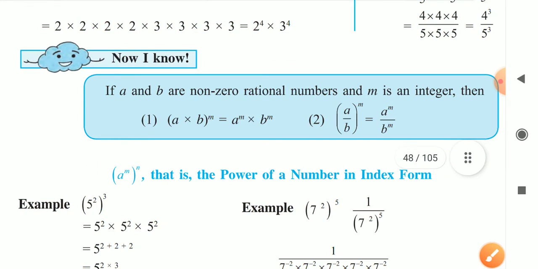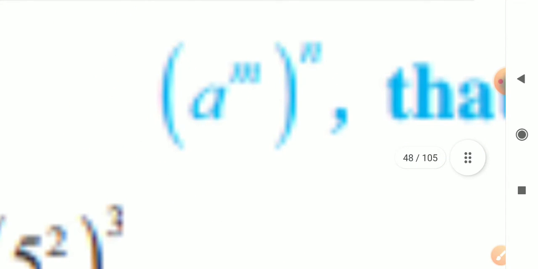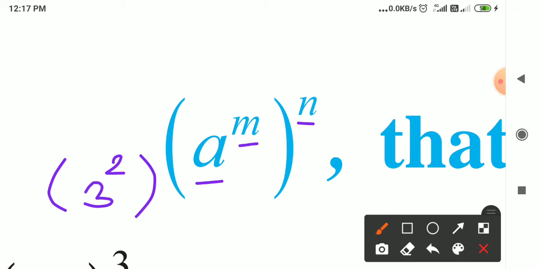Okay, now the next point: (A raised to M) raised to N. Suppose we take any rational number; I took an easy example, (3 raised to 2) raised to 4. How do we solve this?